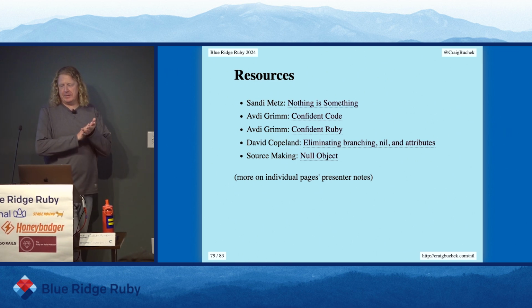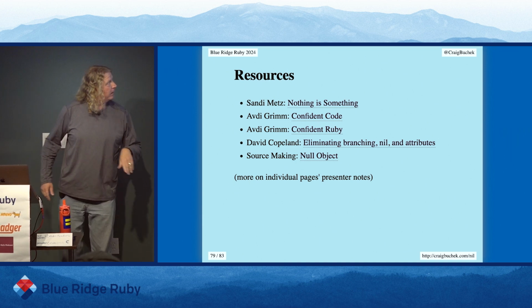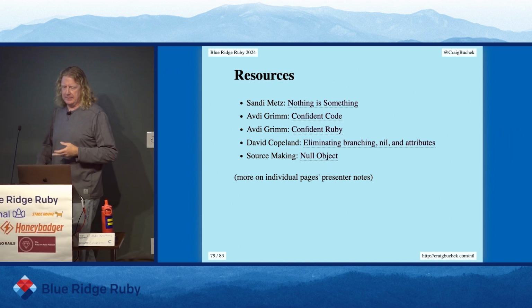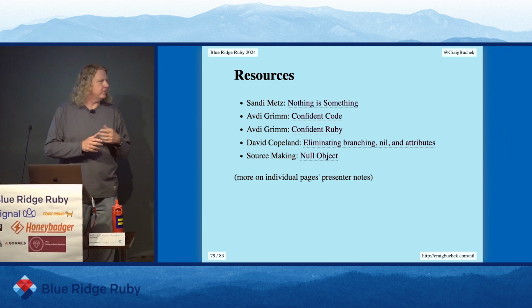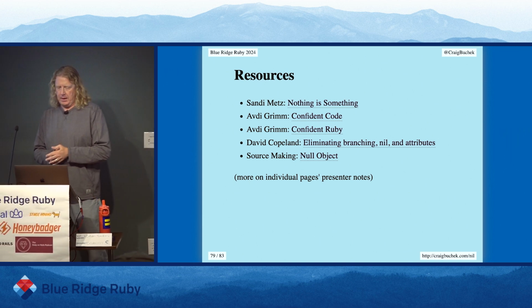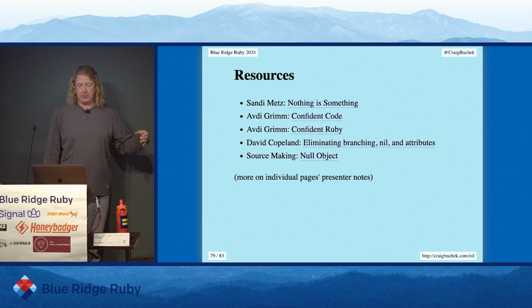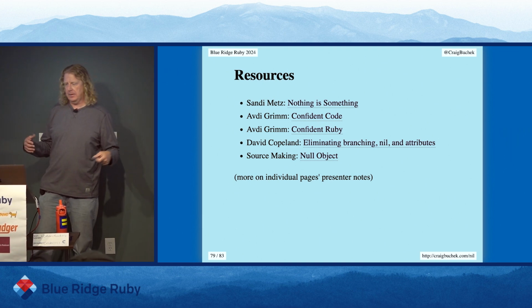Okay, so if you want to dig more into the null object pattern, Sandi's talk is amazing. It's called Nothing is Something. It digs a lot deeper into a lot of those. She does cover getting rid of if statements and conditionals a lot. Avdi's got a talk and a book. They're great. They show how to use the null object pattern within a larger context.